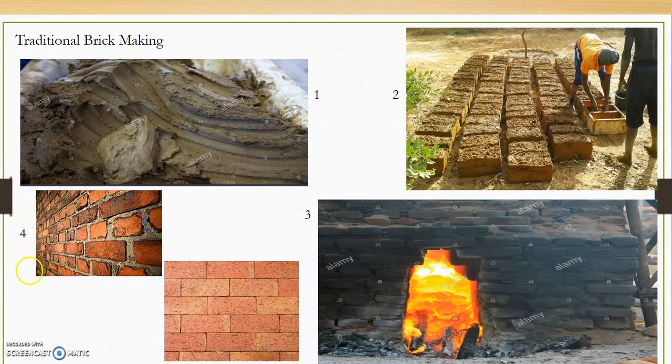This first picture, picture number 4, this is your brick that will result from the traditional way of making bricks. Can you see? It doesn't seem to have a standard shape. It doesn't look as neat and as refined as this one. Okay, so what happens is this has been dried, it has been fired, and the outcome looks like that.